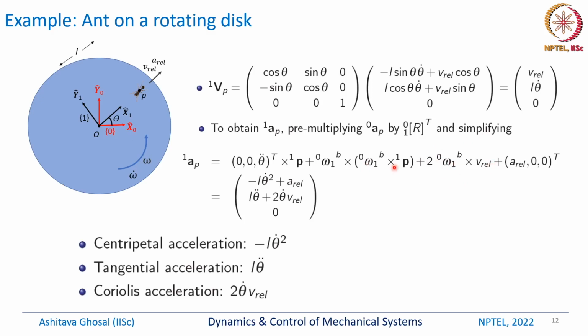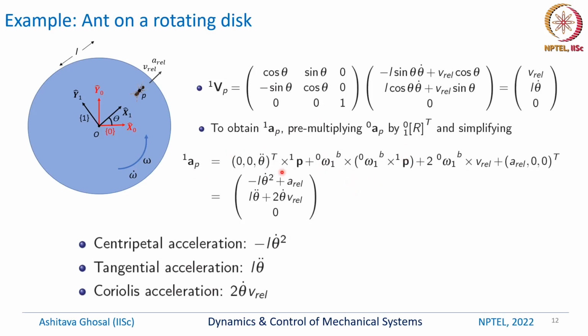The Coriolis and the centripetal term has this omega b, which is nothing but R transpose R dot. This is derived from that skew-symmetric matrix, and we remember it was the body fixed angular velocity vector.